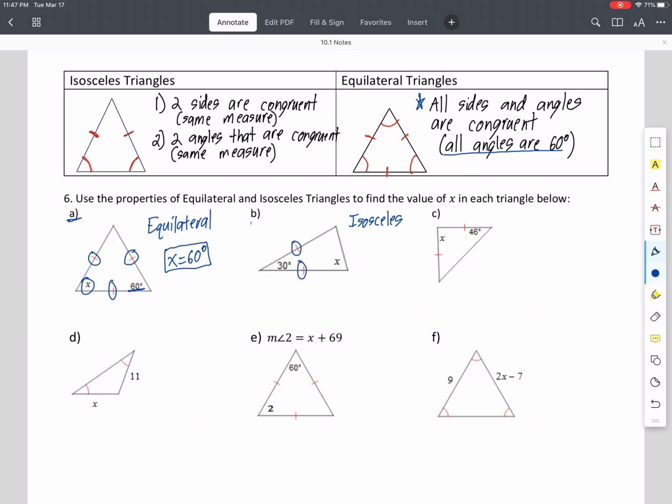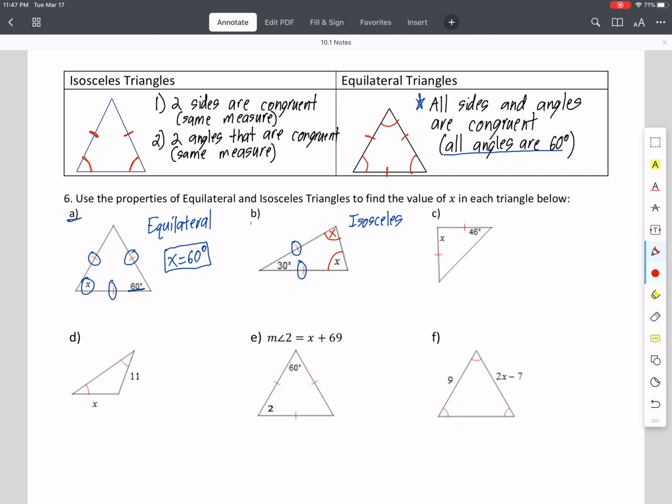So with this, our definition of isosceles was that two sides are congruent and then two angles are as well. So with these base angles, as we'll call them, those two are congruent. So that one is x, then we can also write in that that one is x as well.